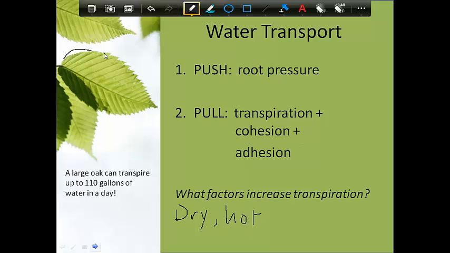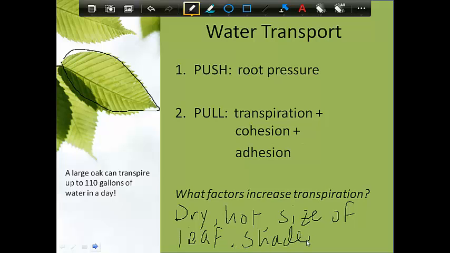Because transpiration is occurring in the leaves, the bigger the surface area of the leaf is, the more transpiration we're going to have. So the size of the leaf. Whether or not there's any shade. Okay, there's all sorts of different factors that can affect how much water is being pulled through a plant on a given day. Eventually you're going to do a lab, an investigation, to look at what these different factors are.